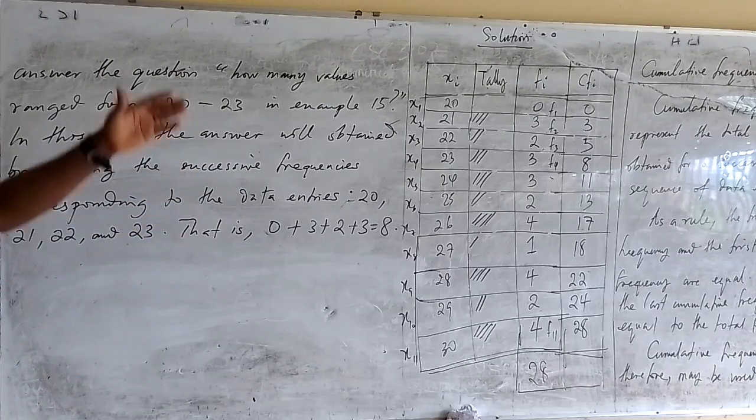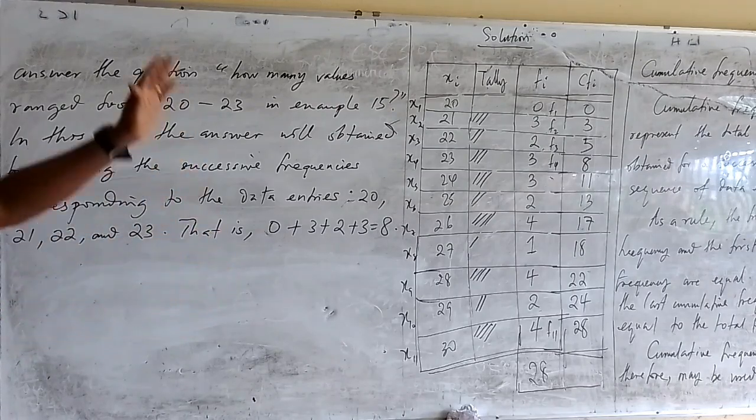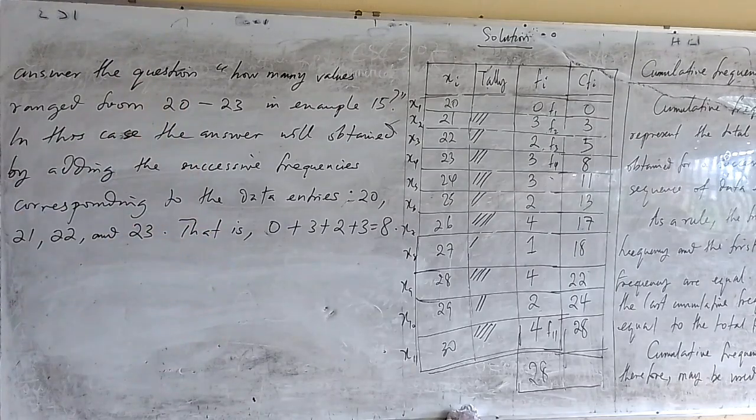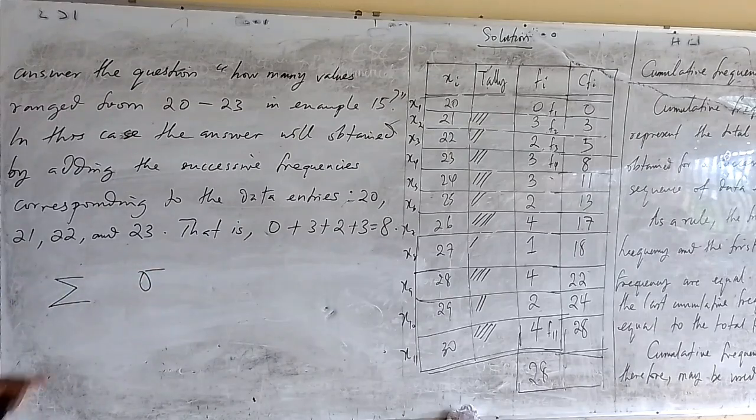Now, if we tell you to add all the frequencies, we don't expect you to write them as long as they are. So we use a shorthand notation for writing the sum. The notation we use is the sigma. In statistics, there are 2 sigmas. All these are Greek.